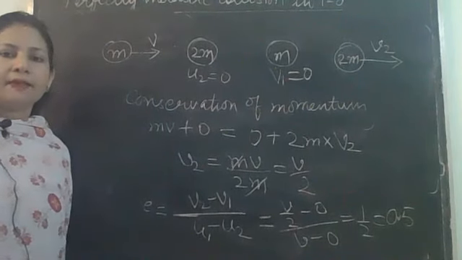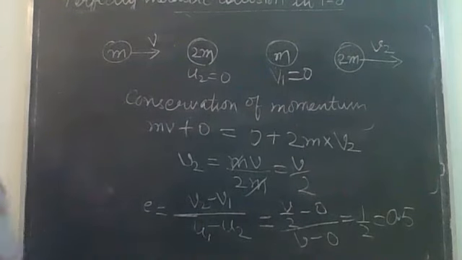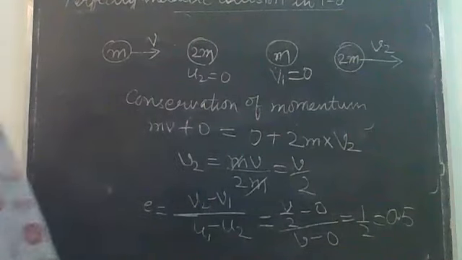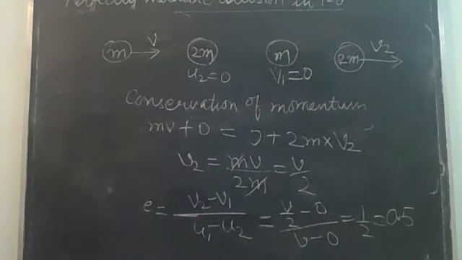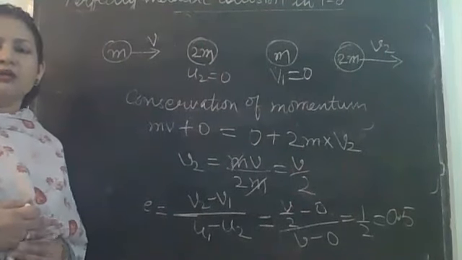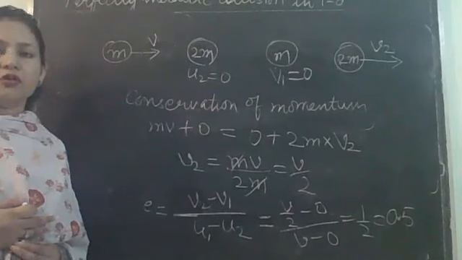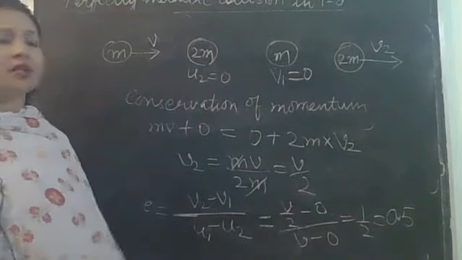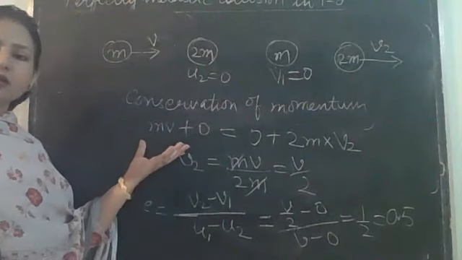That means there is somewhat of a loss in kinetic energy. The value of coefficient of restitution will lie between 0 and 1 for inelastic collision, you know that. So this collision is not perfectly elastic, but momentum is conserved in all types of collisions.